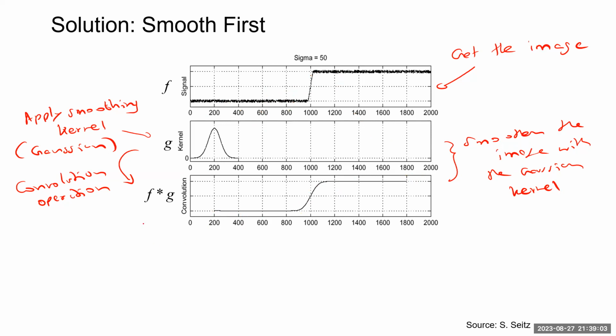Now we can get the differentiation, we can find the derivative of the Gaussian smoothed version.